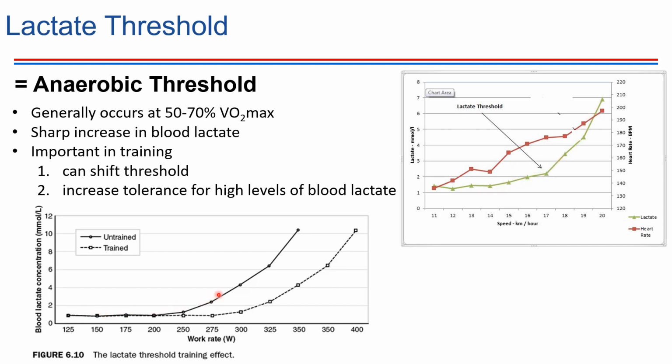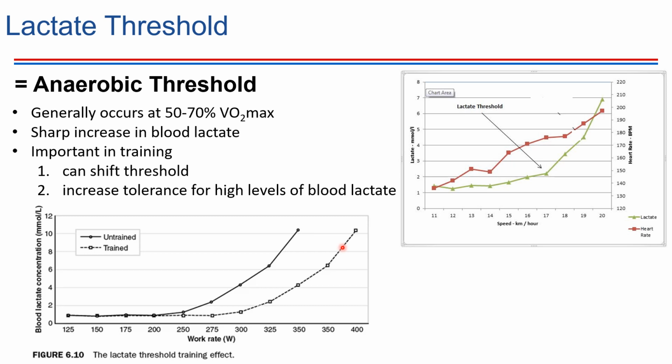If this dark line is an untrained athlete, with training, especially endurance type training, we can shift this curve so that at a work rate of, let's say, 325 watts, the athlete may have maybe 2.5 millimoles per liter of lactic acid buildup, compared to an untrained person who's going to be making a lot more lactic acid at that same level of work because they don't have the aerobic capacity to stay sustained at that aerobic level. So that's how you can see how this shifted curve works.